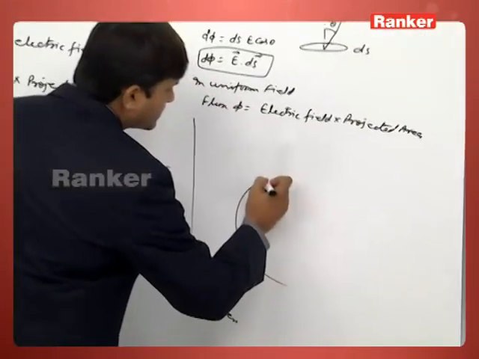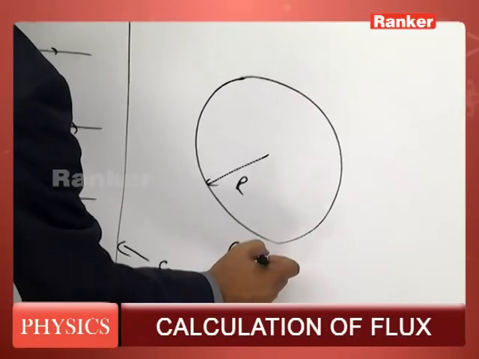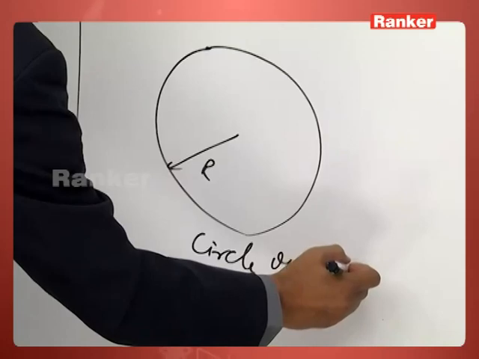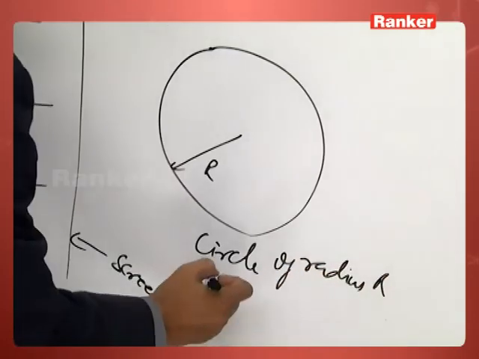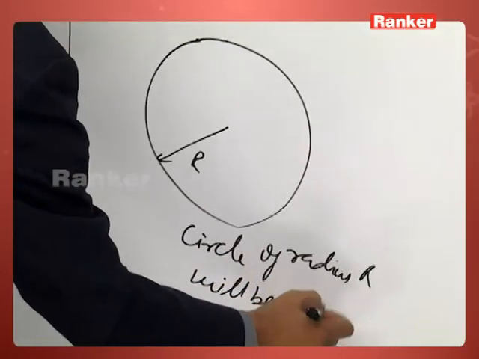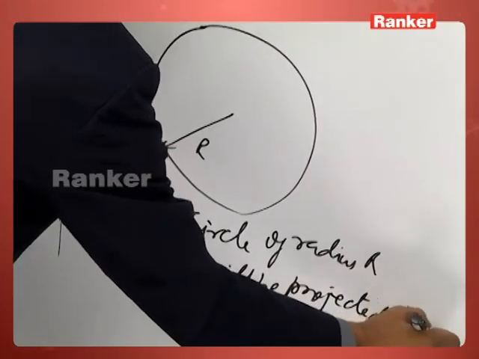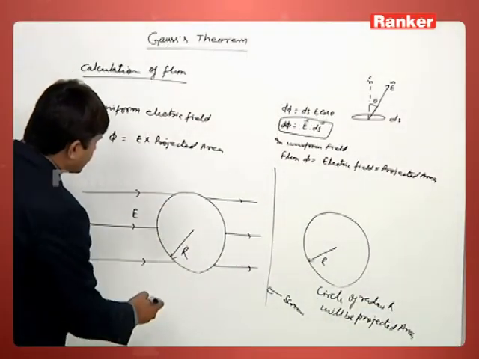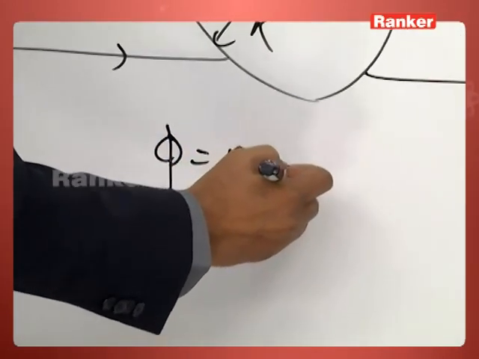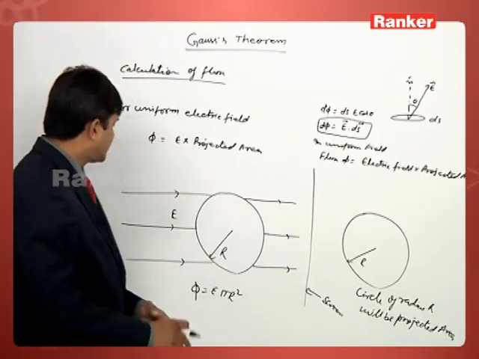A circle of radius r will be the projected area. So the total flux will be electric field into pi r square.